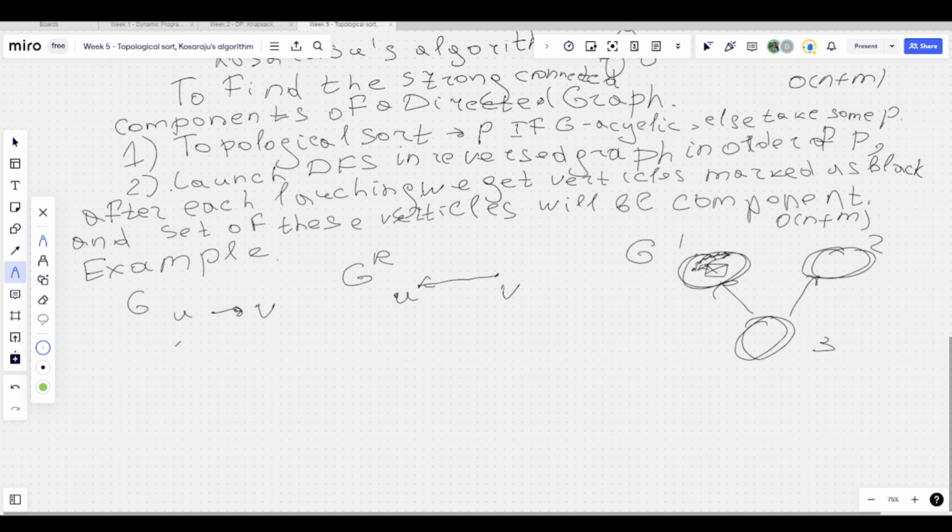We have already noticed that if we have some path in a strongly connected component from U to V, then we have some path from V to U, and when we reverse our graph, we get a reversed path.